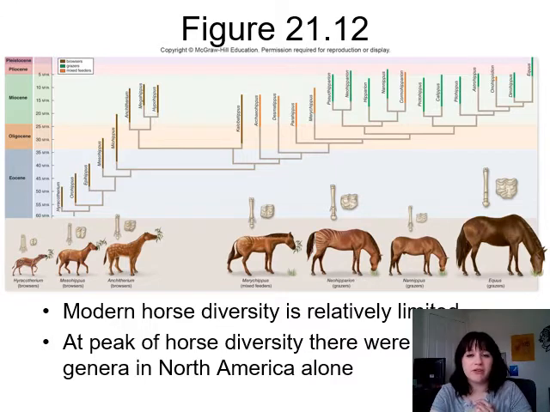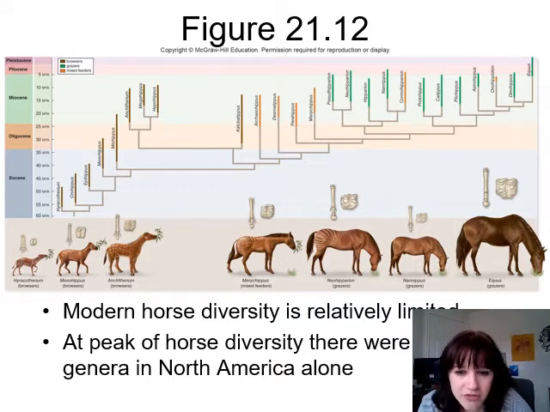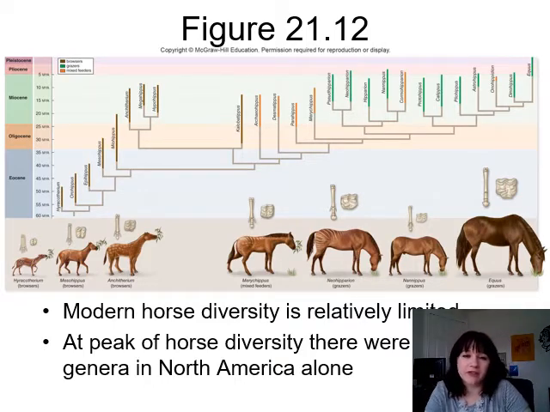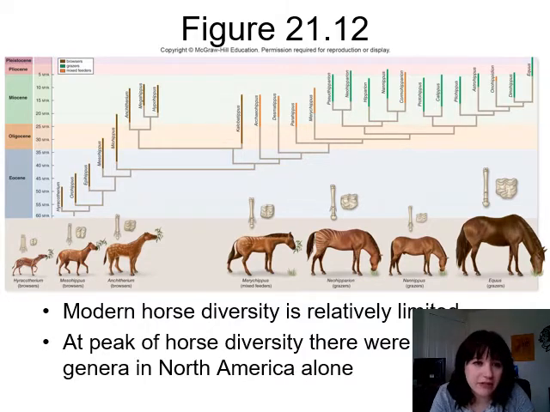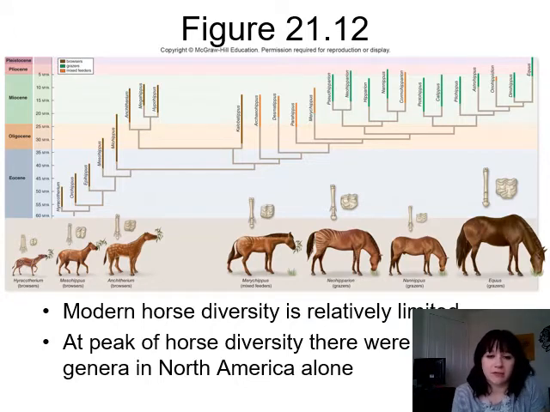Now what I want you to notice when you look at this is that it's not a chain, right? We see a branched pattern. However, only this final last genus, Equus, at the very end, is the only one that is currently still surviving. So at one point during the Miocene era, there were, I think, almost around 20 different genera.